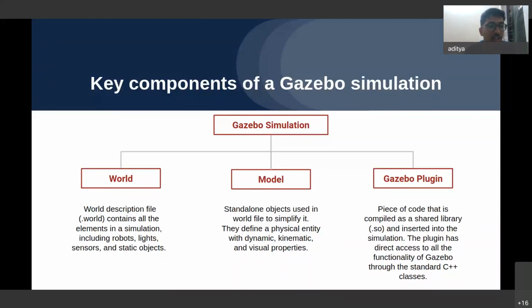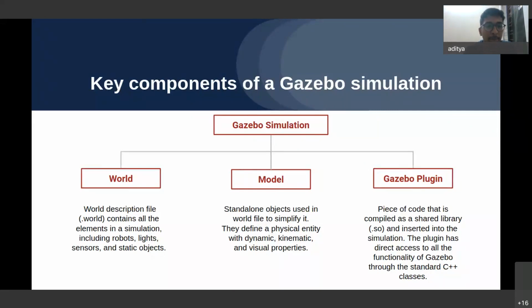It has the extension .world. It contains all the elements in the simulation. It includes the robots, the lights, the sensors, and the static objects that are there in your simulation. So think of it like this: when we launch the Gazebo screen, everything you see visually on the screen must be programmed in this .world file.